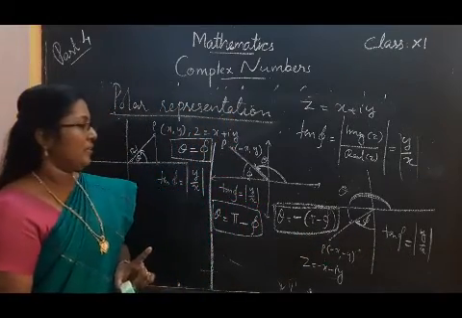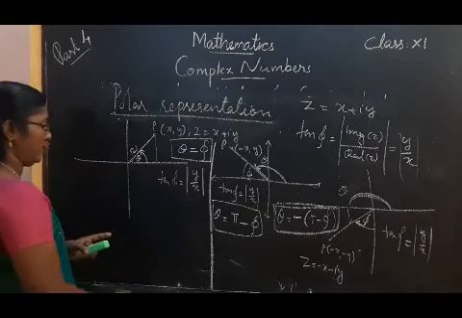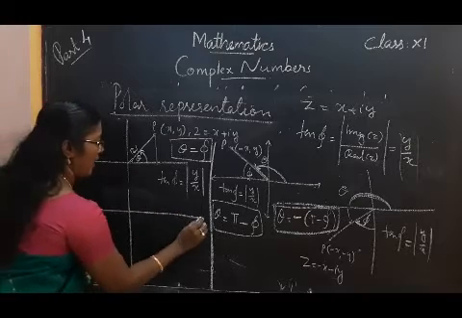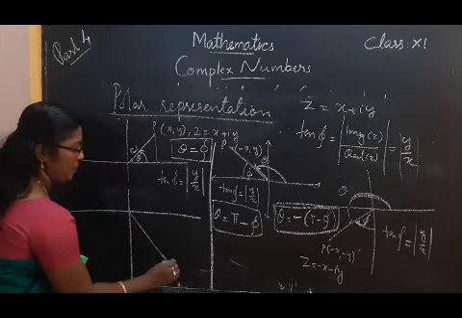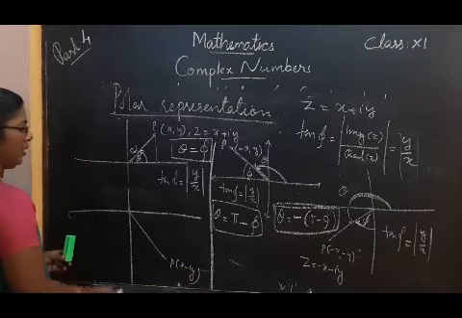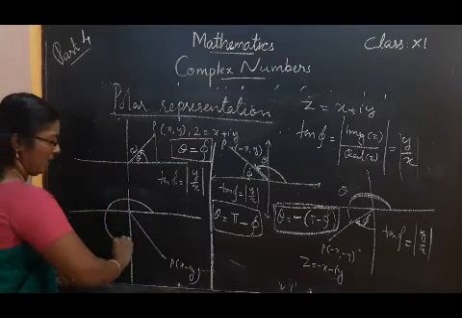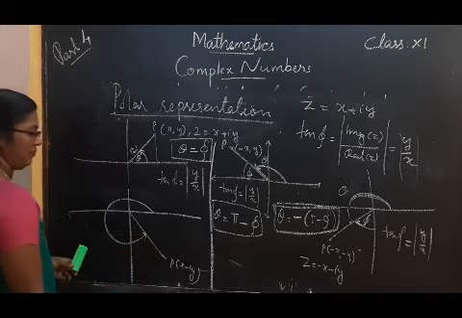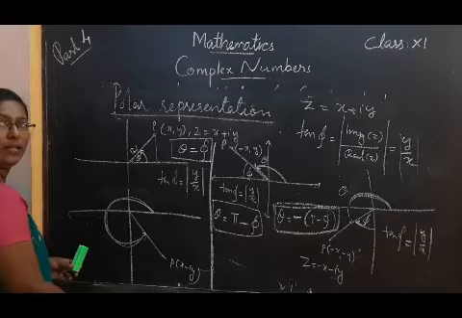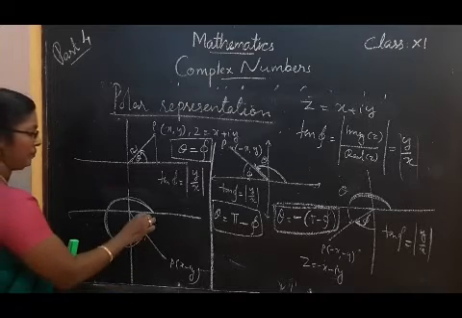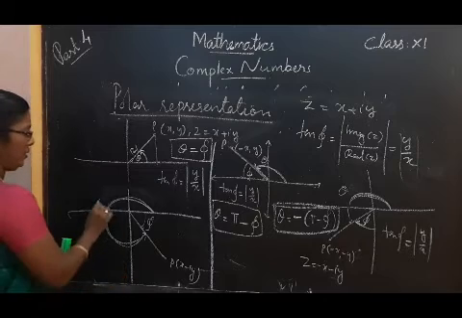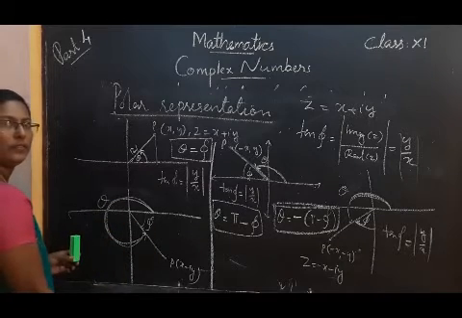In the fourth quadrant, this is the point P, x minus iy. Here the rotation is this theta, up to this angle. Then what about phi? This is phi. Theta and phi. Clear?